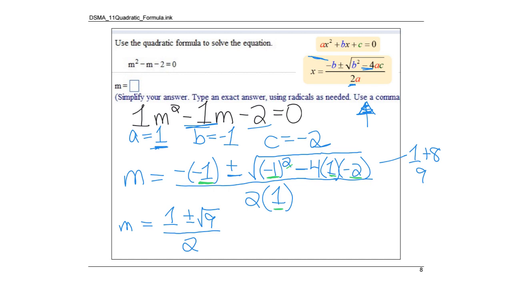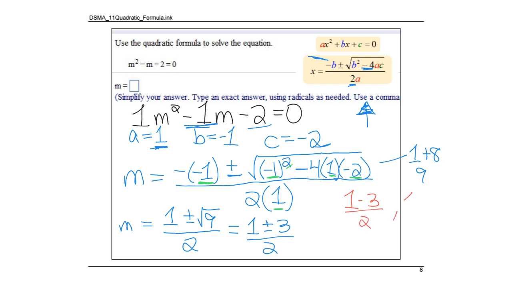Okay, so if I take care of that perfect square now, I have +1 plus or minus 3 divided by 2. Now that's not how we answer problems. We want 2 solutions. So what we're going to do is come over here and we're going to do 1 minus 3 divided by 2.